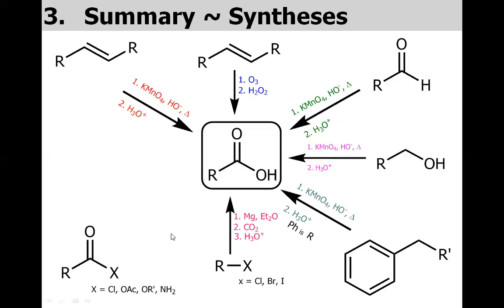We have also discussed the hydrolysis of esters or amides to form the carboxylic acid. And remember, if we have the acid halide or the acid anhydride, we may still make the carboxylic acid. We also discussed the hydrolysis of nitriles for carboxylic acid synthesis.